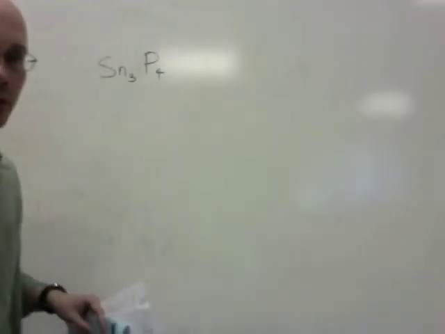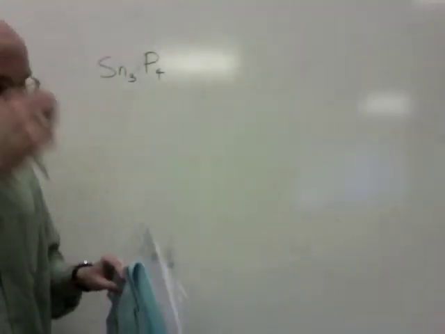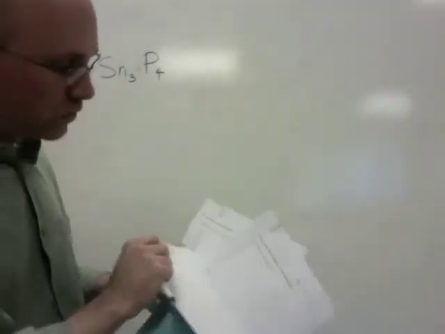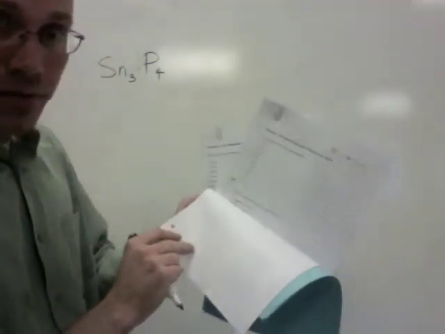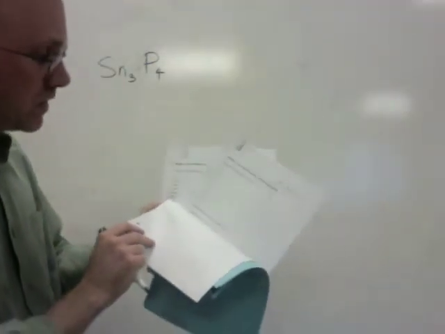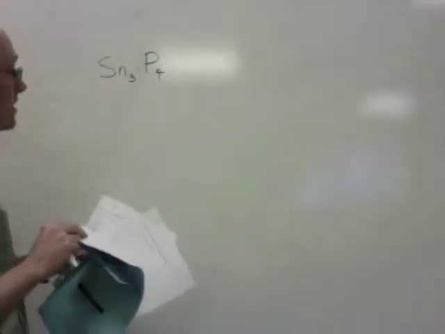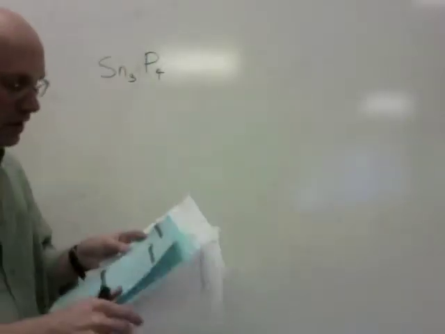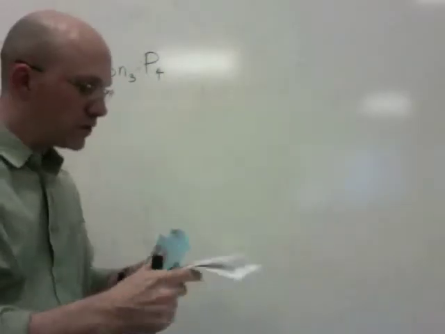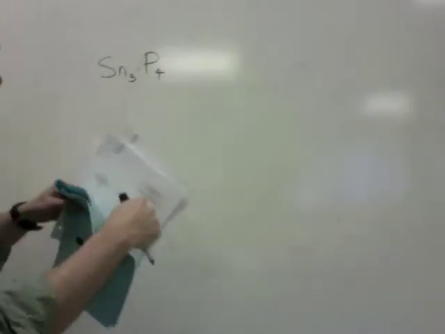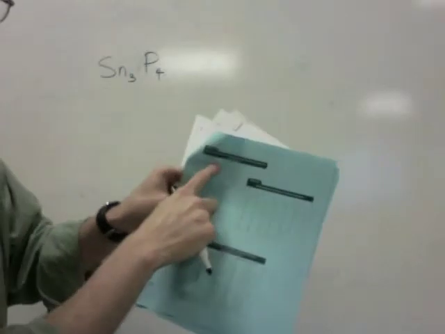So one last example. This is actually an example that's not on the worksheet that you were doing originally. It's one that I just made up. Sn2P4. So first of all, does it contain a metal? Yes, tin is a metal. So is Sn, which is tin, a switch hitter on the sheet?